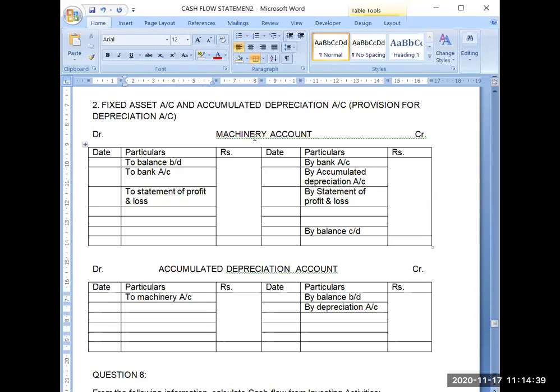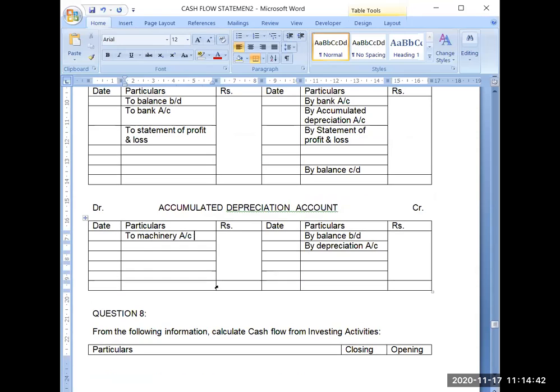Because in our example we are preparing machinery, that's why it has been here machinery account. Then for closing balance, the entry will be to balance carried down. So these are the entries in accumulated depreciation account.